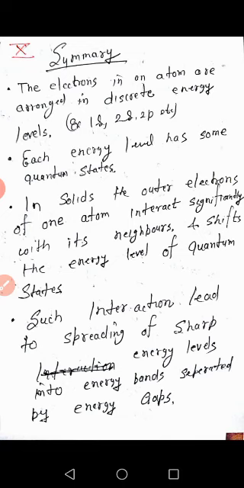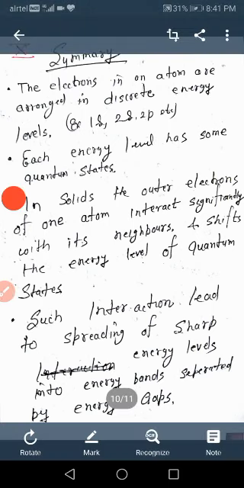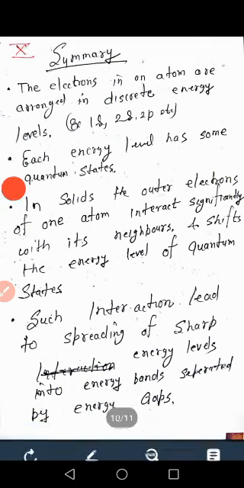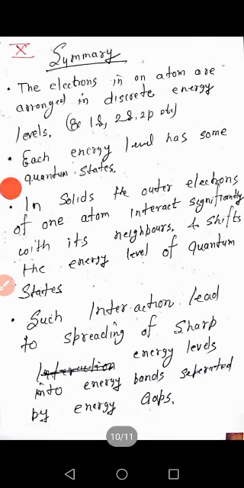Most of the electrons are in the valence band, and whenever some electron gets enough energy to break the bond, it leaves its parent atom and goes into the conduction band, and now that electron can respond to the external electric field which we apply with the help of some battery or source.